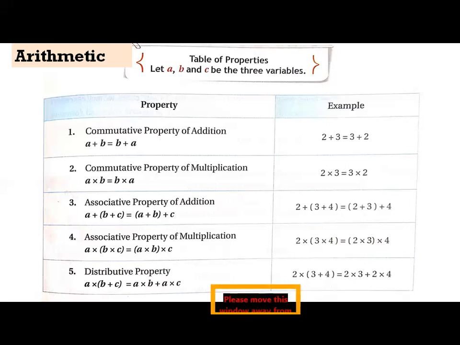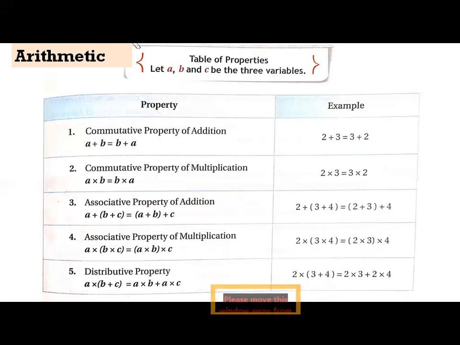The fourth property is the associative property of multiplication. a into bracket of b into c is equal to bracket of a into b into c. The example is 2 into bracket of 3 into 4 is equal to bracket of 2 into 3 into 4.